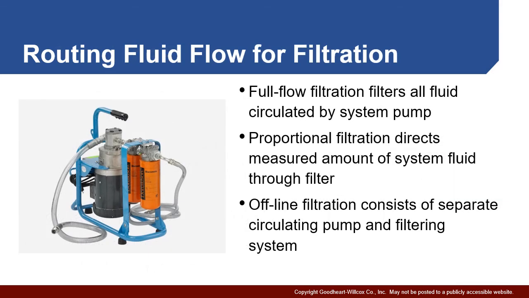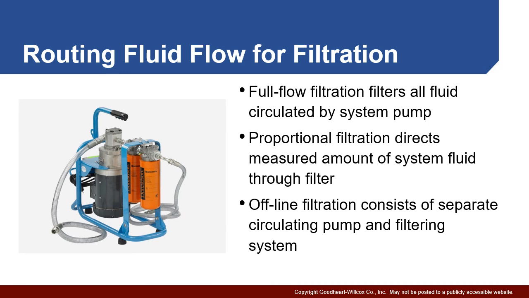In addition, we're going to have some choices of how the fluid goes through filtration and how much of the fluid goes through filtration. Pretty much everything we've described so far has been a full flow filtration system, where essentially all the fluid going through the system is going to go through the filter. But that's not always cost effective, especially if you're going to go for a very fine filtration system.